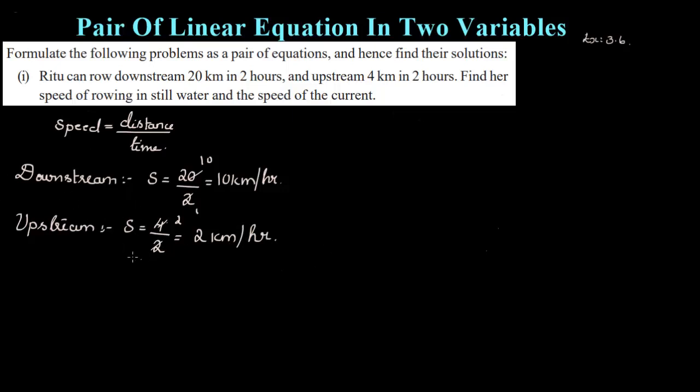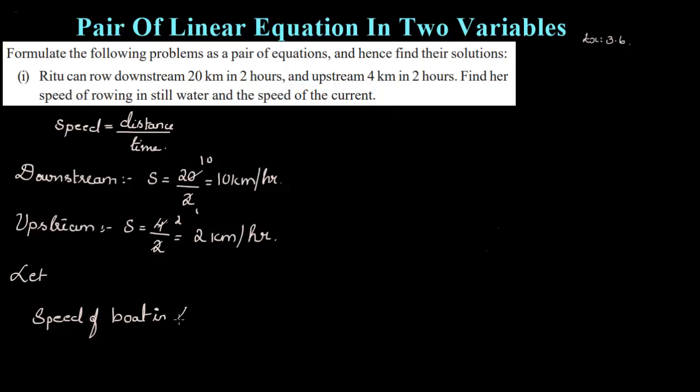Now let us get the two equations. Before that, we need to assume the speed of the boat in still water as well as the speed of the current. Let me write the formula first.